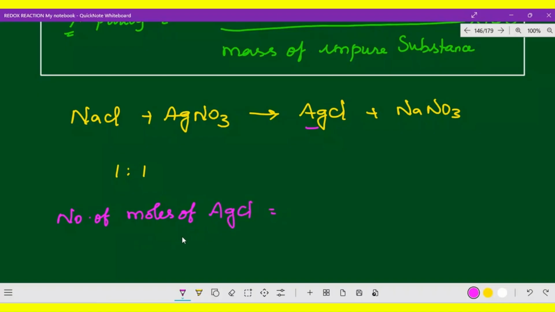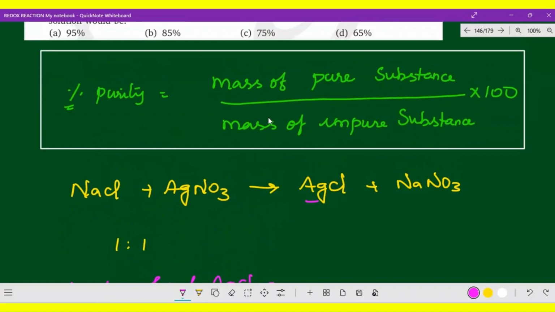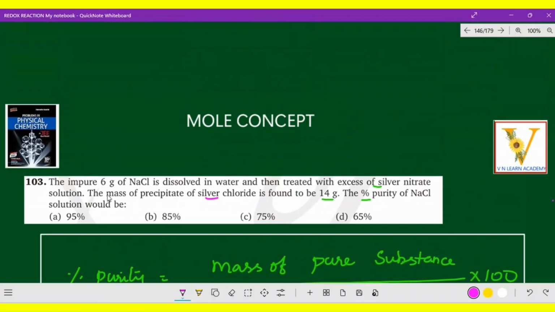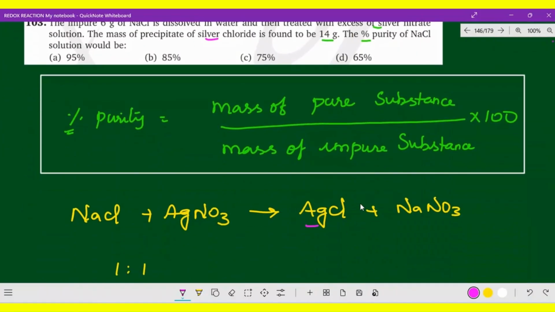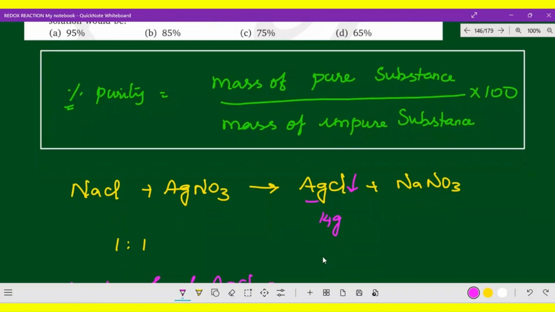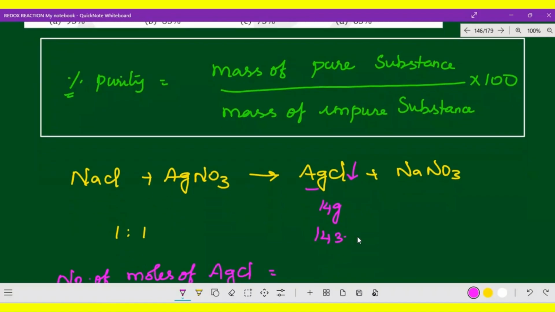Why do we go for the number of moles of silver chloride? Because in the question they have mentioned that with silver nitrate solution, the mass of precipitate silver chloride is found to be 14 grams. So this is found as a precipitate, and the given mass is 14 gram. Molecular mass is actually 143.3 gram per mole.